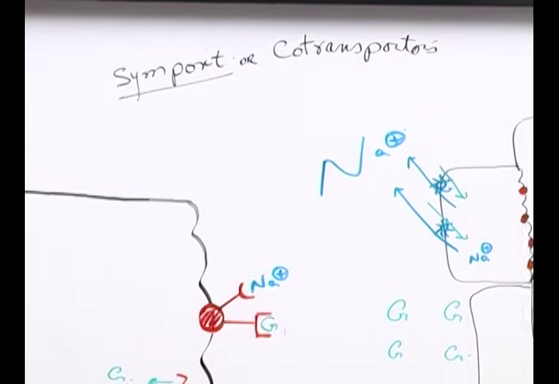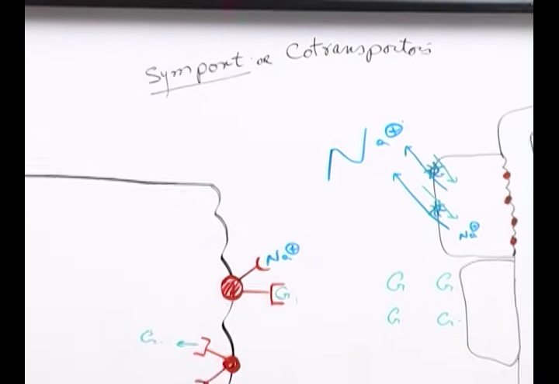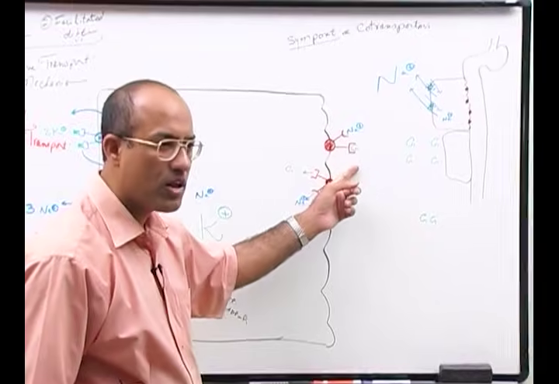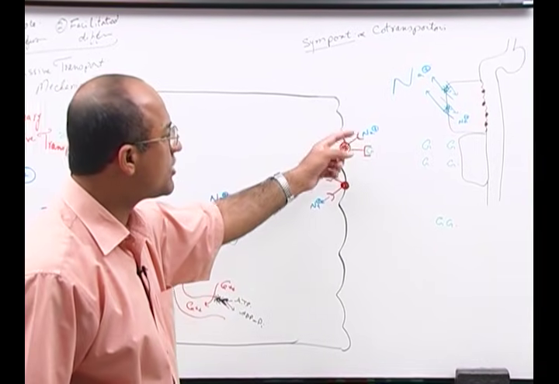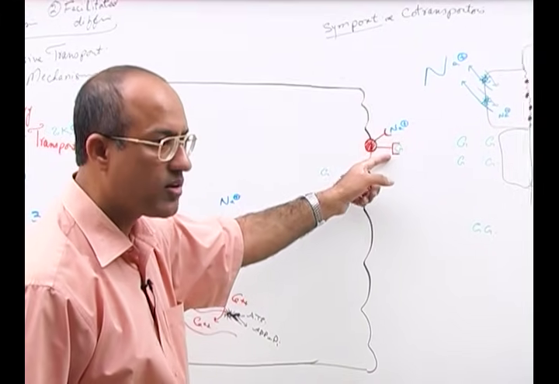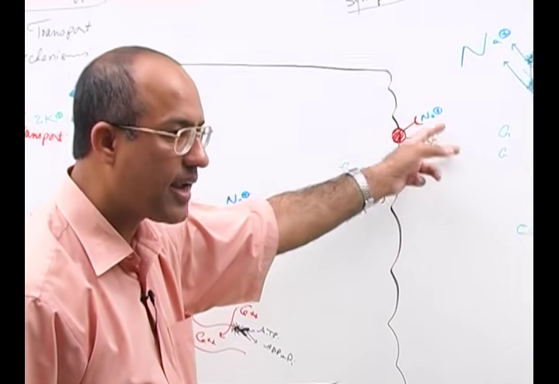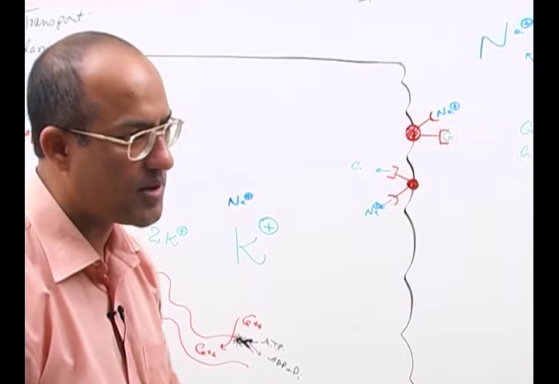So there are many types of co-transporters. Here I have given an example of sodium and glucose co-transporter. Now this co-transporter can take the sodium and glucose from the extracellular environment and bring them to intracellular environment.